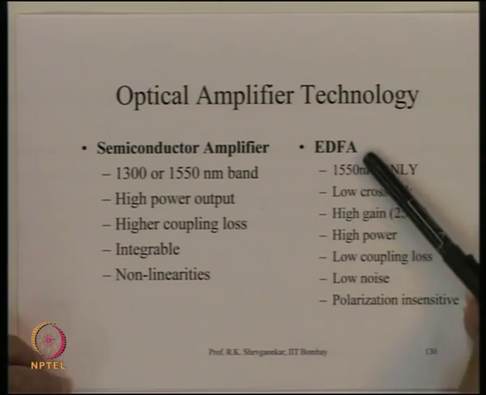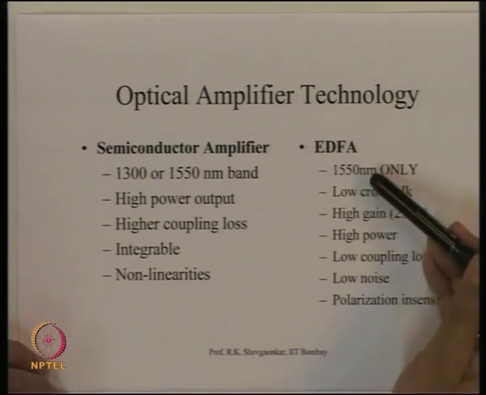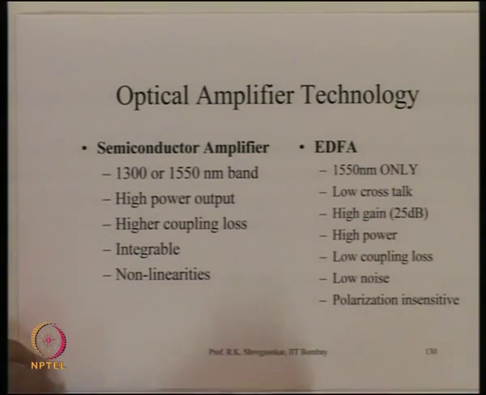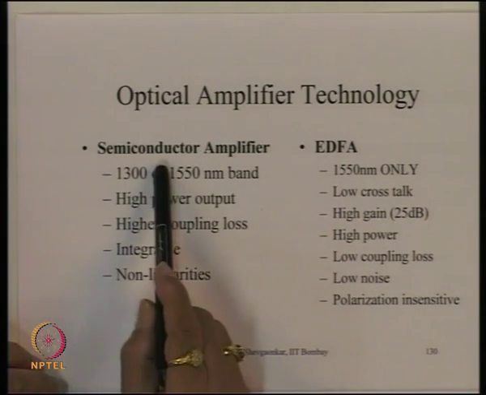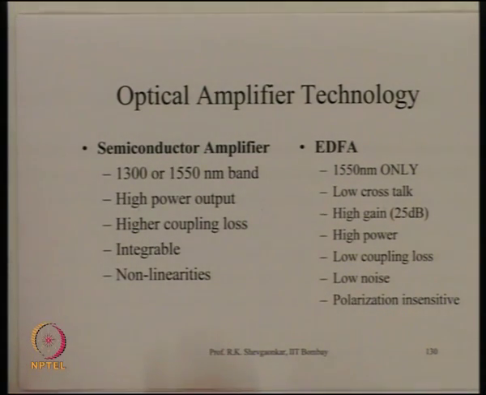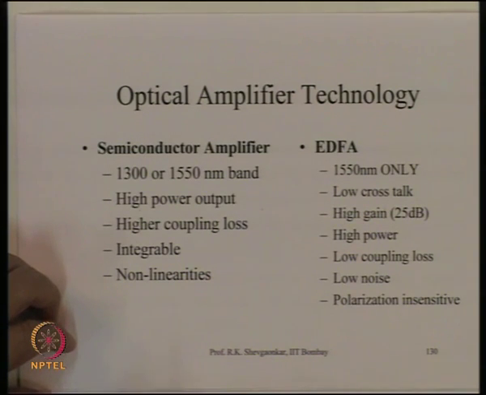We saw that it has many advantages over the semiconductor amplifier. Since it is fiber based, it has very low coupling loss, and it also gives good gain, can handle high power, low crosstalk and so on. So, in this lecture essentially we talk about the characteristics and functioning of the EDFA.